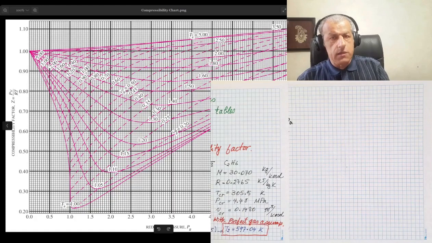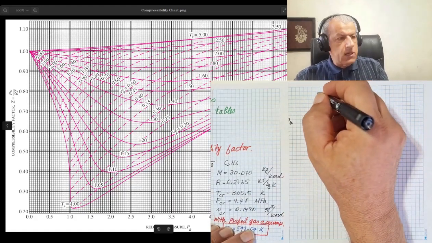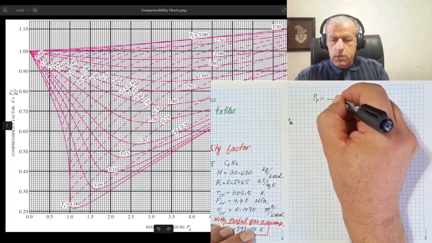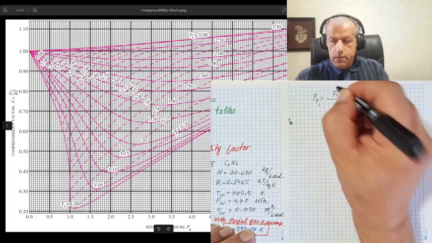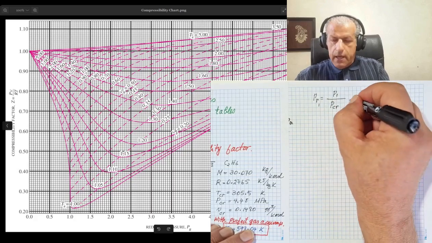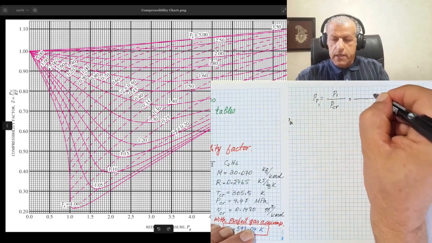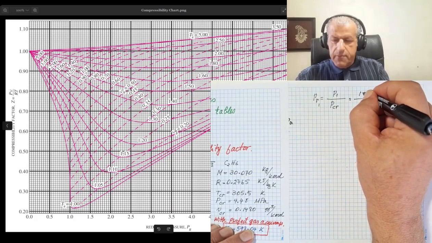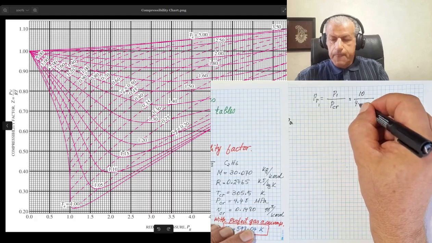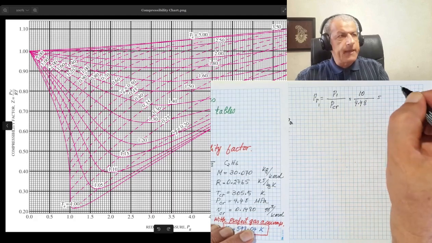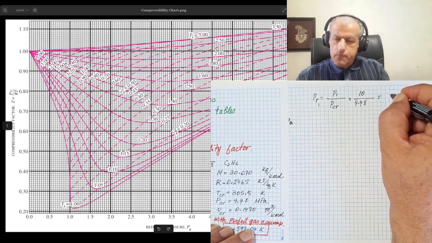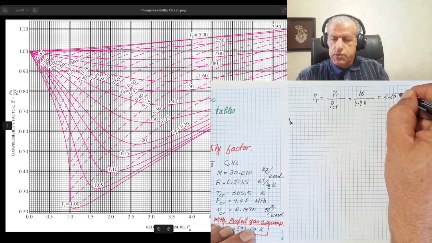Well, to use this chart, what you have to do is to impose our problem on this chart. And to do that, for the initial condition, PR1 would equal P1 divided by P critical for ethane. We know that the initial pressure is 10 megapascal and P critical is 4.48. And the outcome would be 2.232.